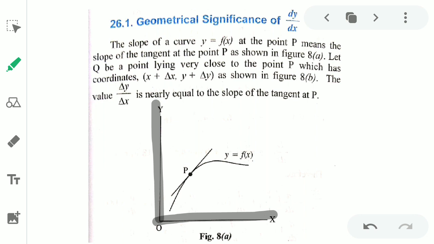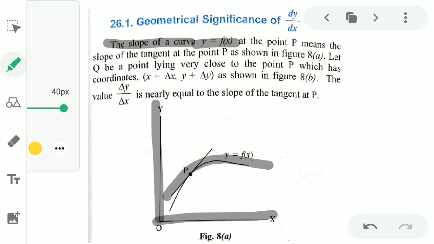If we plot a graph and it looks like this, that is a variable graph. The slope of the curve y equal to f(x) at a point P means the slope of the tangent at that point. To find the slope of any graph at a particular point, we draw the tangent.